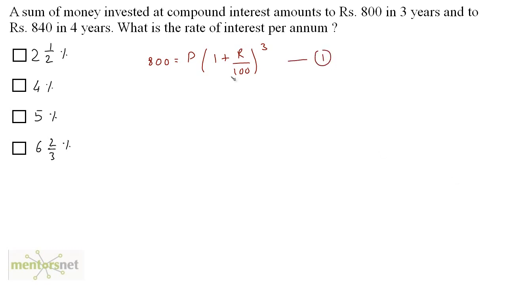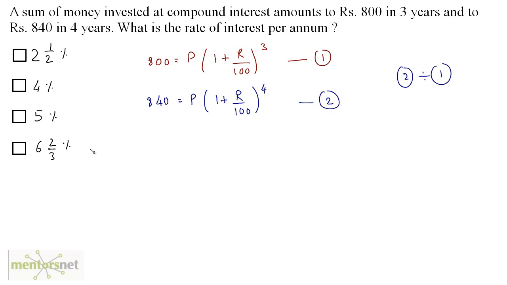Now this same principal when invested for 4 years gives you 840 as the amount. So you have 840 equals P into 1 plus R upon 100, the rate of interest is the same, raised to the number of years, which is 4. So this is equation 2. Now we are dividing equation 2 by 1, right?